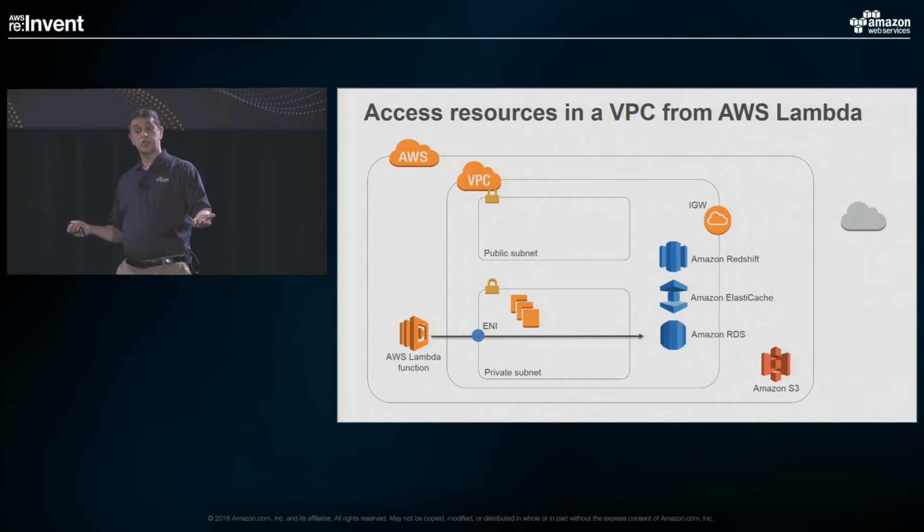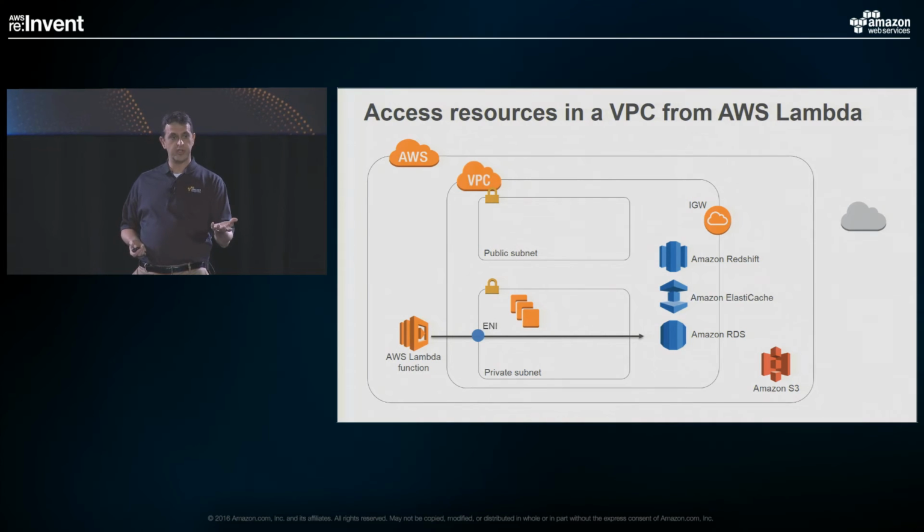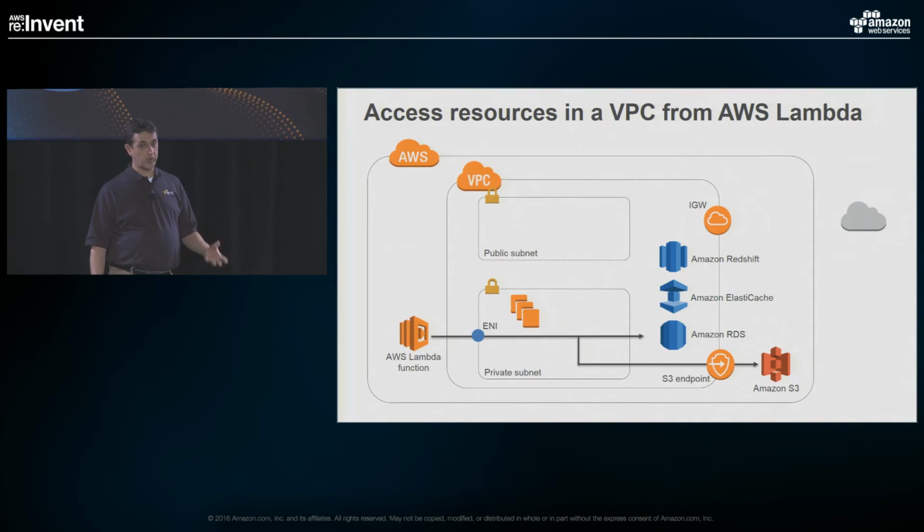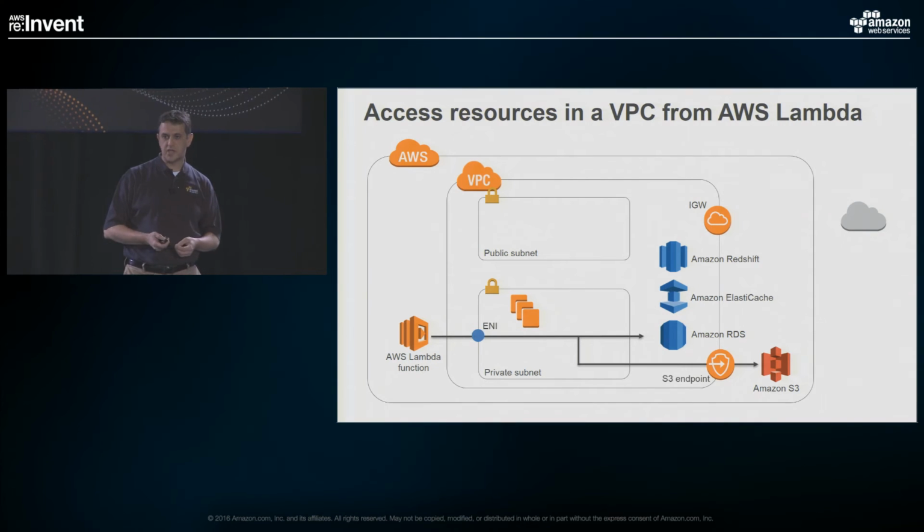It also allows you to access services that you might be running in a private subnet within your VPC itself. And again, since we are within the VPC, we can leverage S3 endpoints to reach data repositories running on S3.